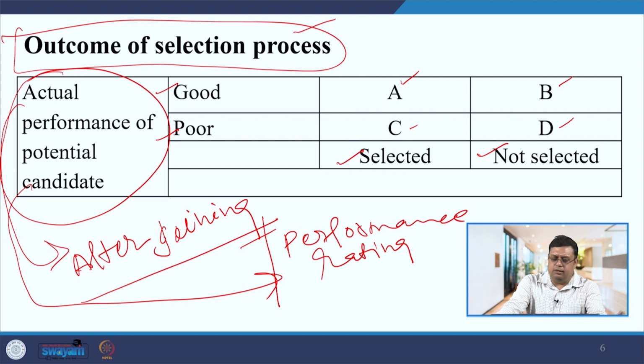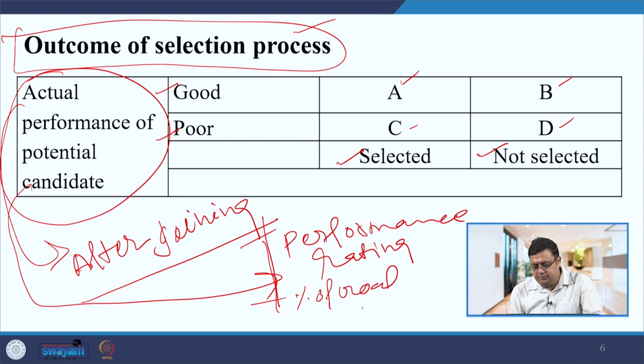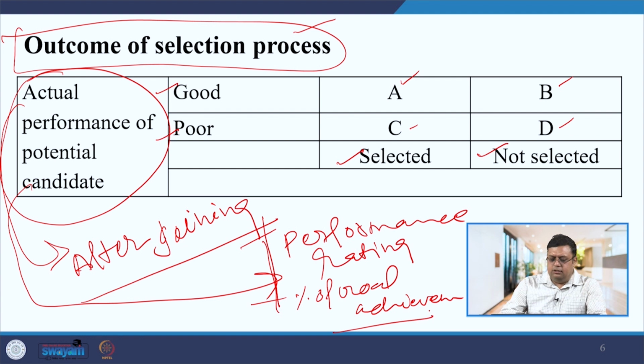Second thing that I said, the percentage of goal achievement, right. Whatever goal you decided during the goal setting process with the help of your manager, what is the percentage of that goal achievement after 3 months, 6 months, 1 year? That is the thing that you can use.